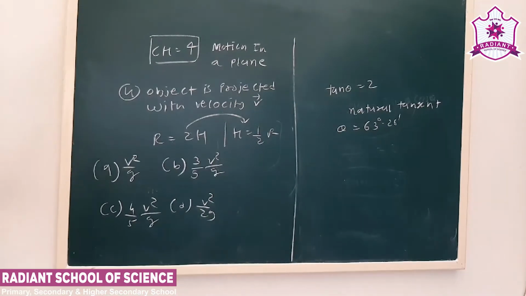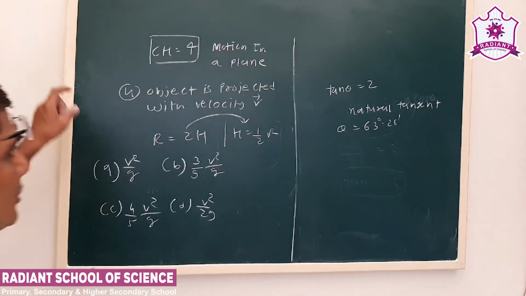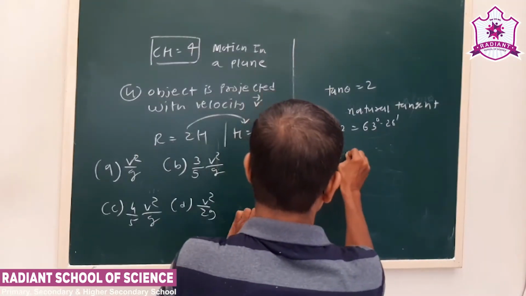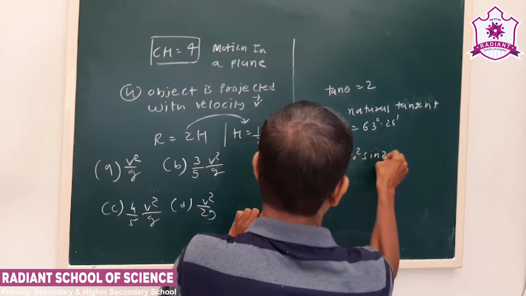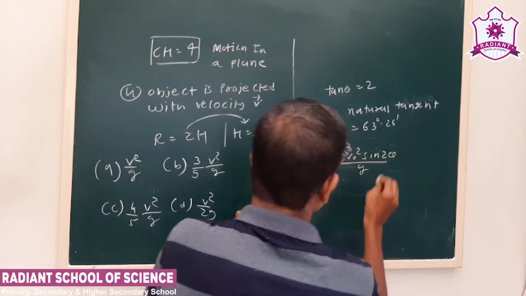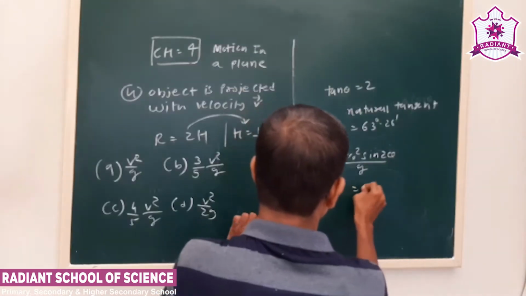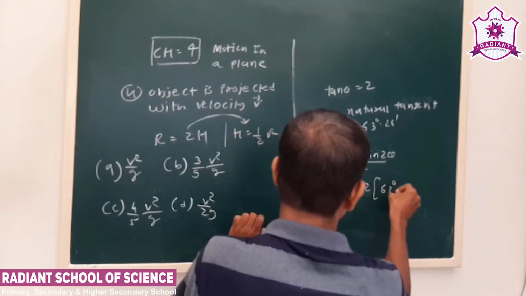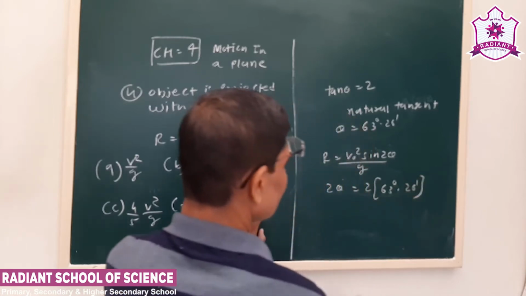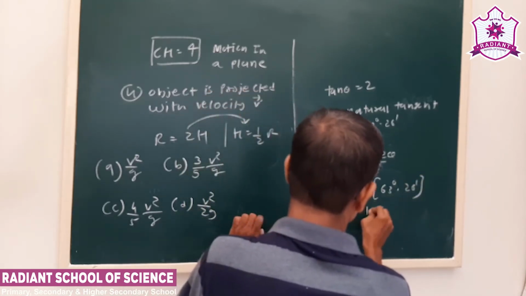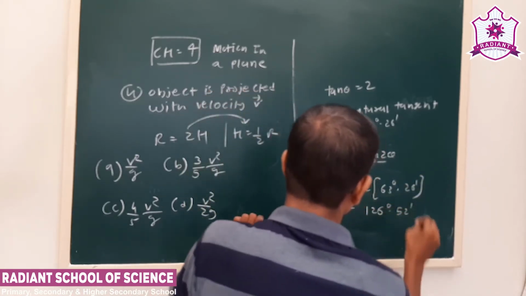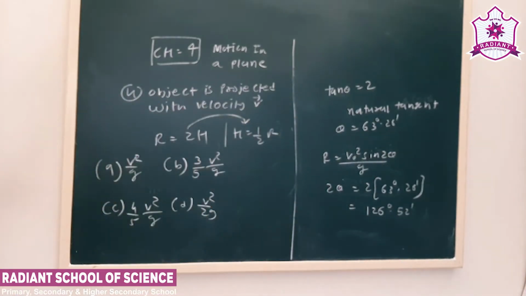Now we have to find out the range. Range is equal to v0 square sine 2 theta upon g. Now see, theta value is obtained here. 2 theta will be 2 into 63, that is 126.